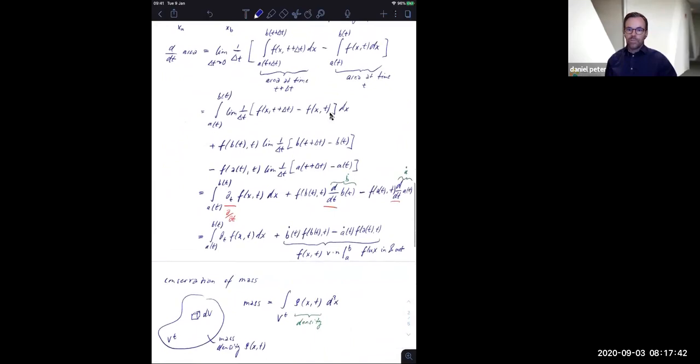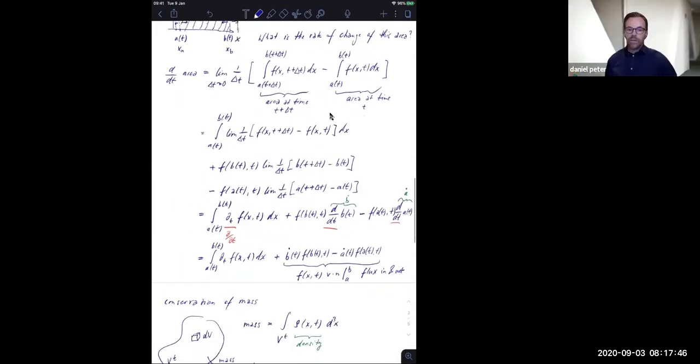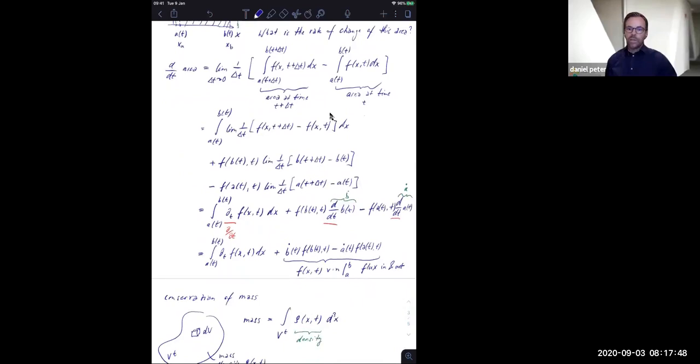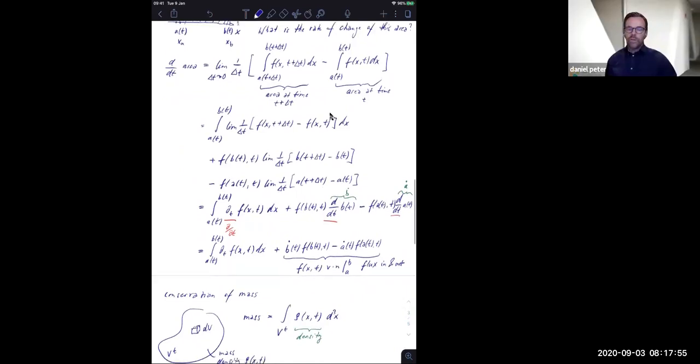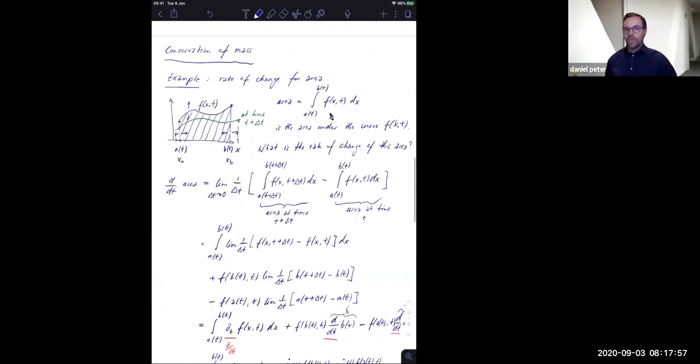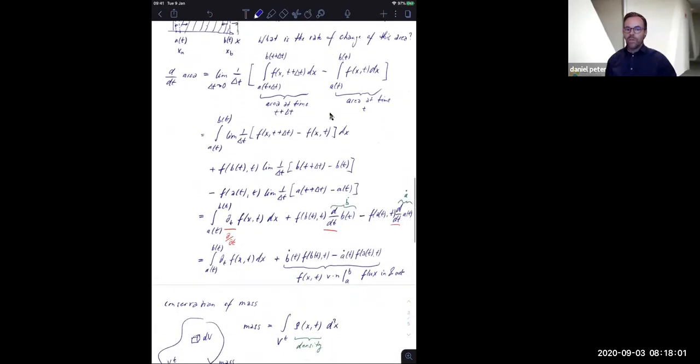No? So the function f of x and t, basically our mass density rho, which depends on x and t, and we're going to integrate over the full volume, where here we just looked at the area basically. But again, in 1D, that's the same.